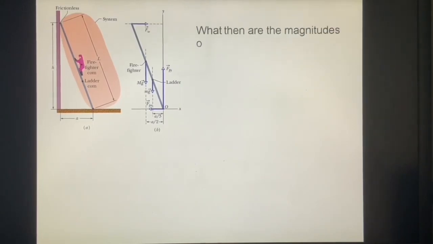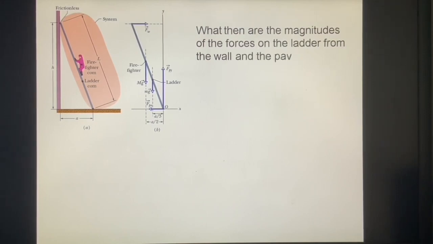What then are the magnitudes of the forces on the ladder from the wall and the pavement? We know that this wall on the top is frictionless. What does this mean? This means no friction along this vertical direction.